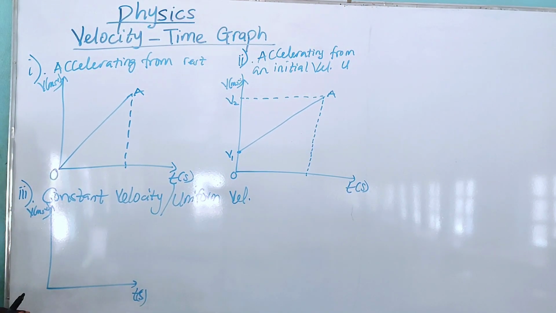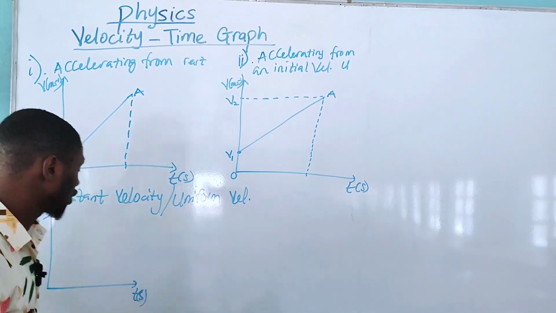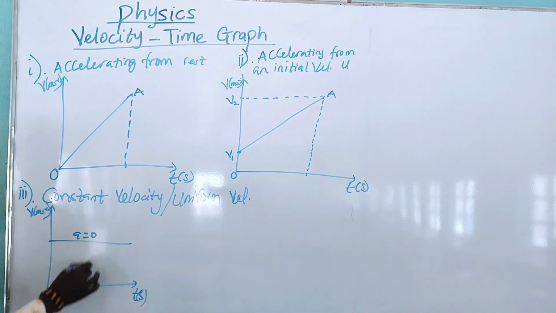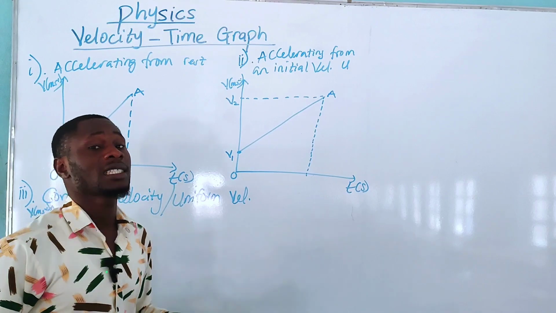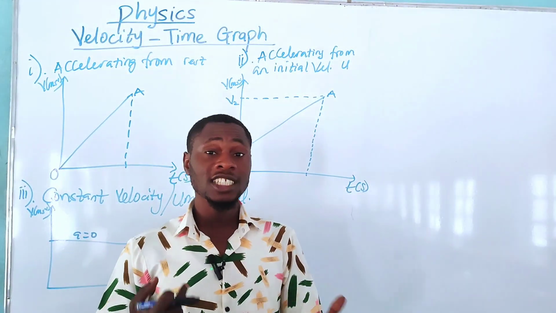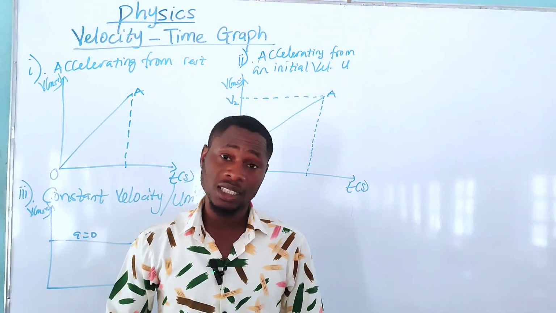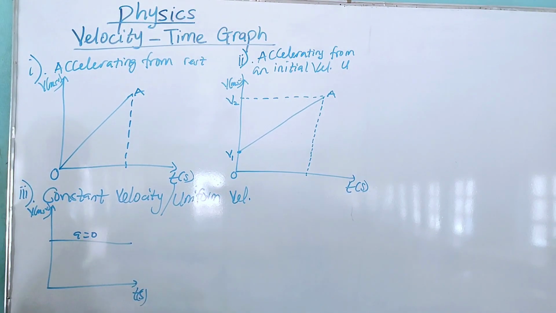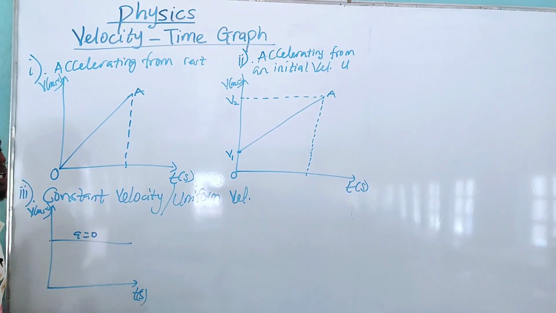If the body is moving with a constant velocity, it means that the velocity is fixed. It does not change. So the acceleration along this path becomes 0, because velocity is not changing. Remember that acceleration is the rate of change of velocity with time. So if velocity does not change, rather it's constant or fixed, then acceleration becomes 0. So the acceleration along this path is 0.